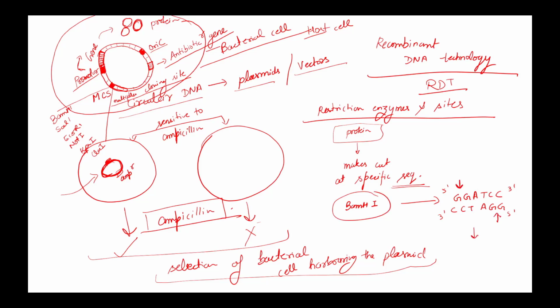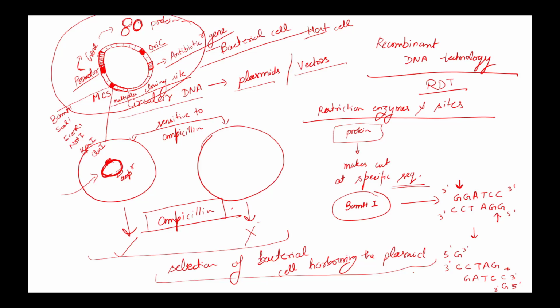After making a cut, it will produce a fragment which will look like this. The other fragment will be this. These are generally palindromic sequences. So these two sequences will get produced.